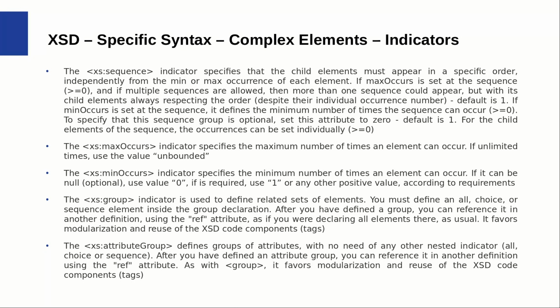You can set how many times an element can appear, if only one time or 0 times, if it's prohibited to appear, or even unbounded times, unlimited times, as well as if the element can be optional, if it can not appear at all, or if the element is required.